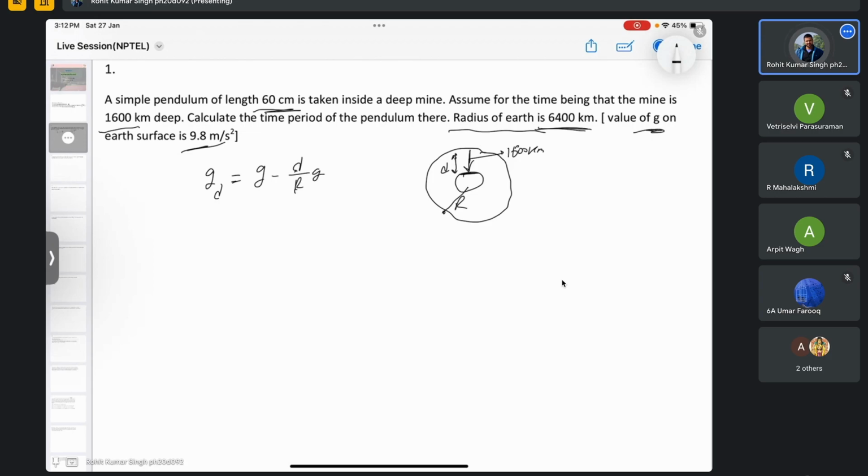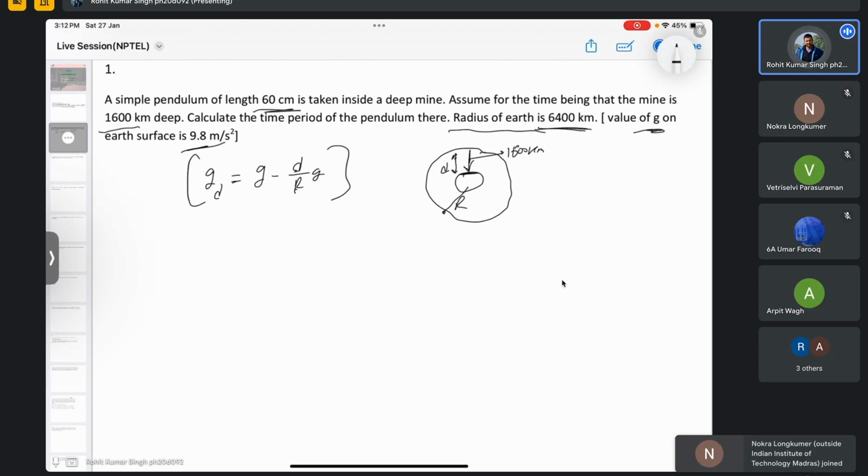What it says is, if you go at different heights or depths on Earth, you will find different acceleration due to gravity, due to the uneven shape of the Earth. Earth is not symmetrical everywhere, right? So this is the formula. When you go d distance inside the Earth, the acceleration due to gravity changes like this.